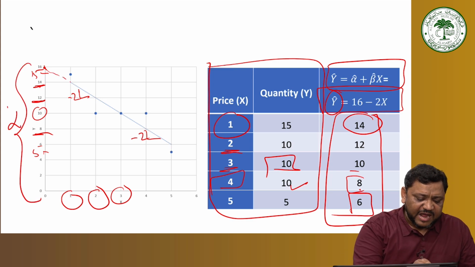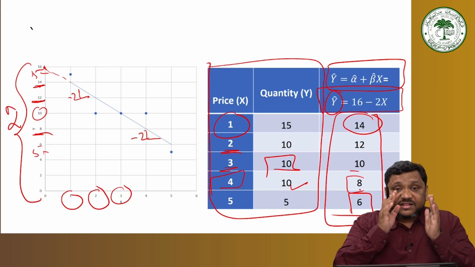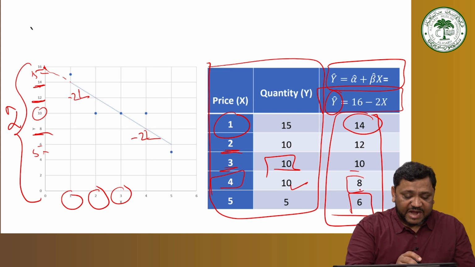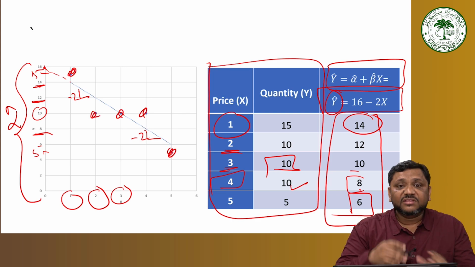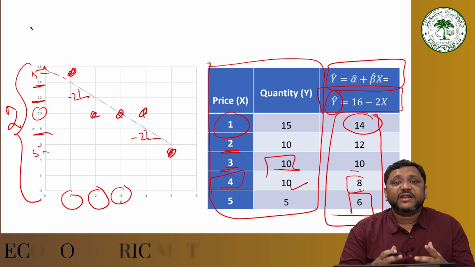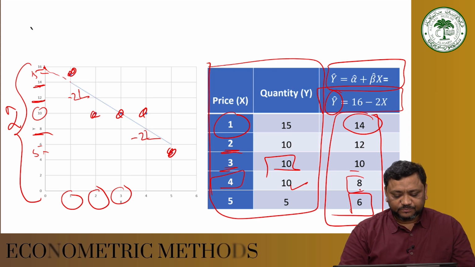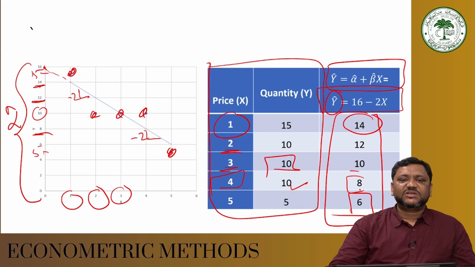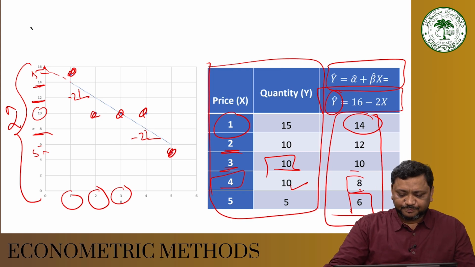This is my alpha hat. Your intercept is 16, your slope is -2, and this line fits this scatter plot in the best way, meaning in the way wherein the errors are minimized. So this was just a practical demonstration of the concepts which you have learned earlier.